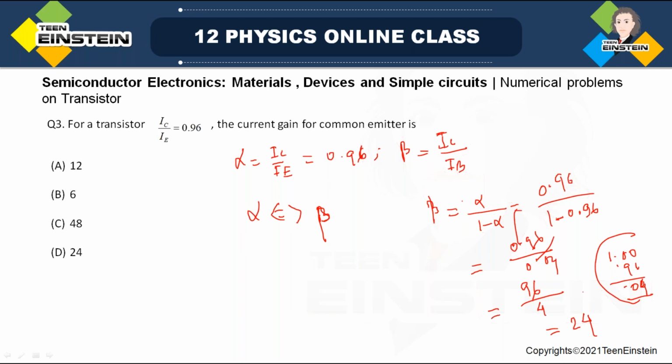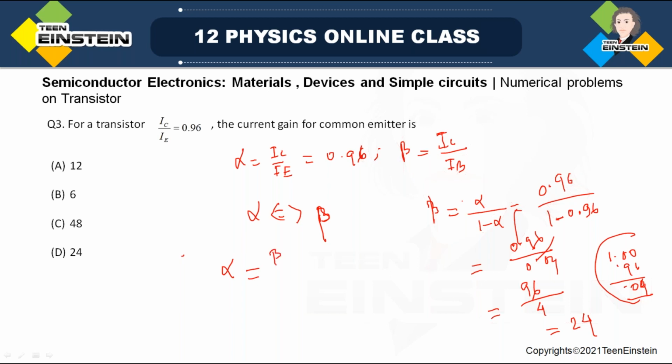So you know alpha is IC by IE. You have to find beta, that is IC by IB. You should remember the relationship between alpha and beta. I'll write once again.